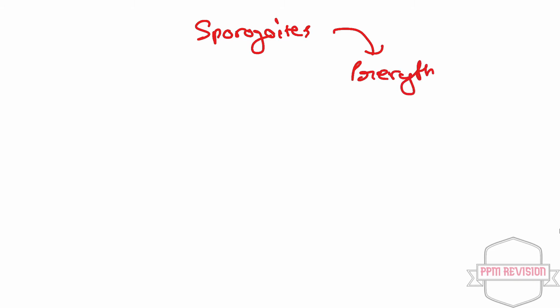So firstly, as you can see, as soon as the sporozoite enters the human being, it forms the pre-erythrocytic phase cycle. And the important thing is this is in the liver, so we need to know this.